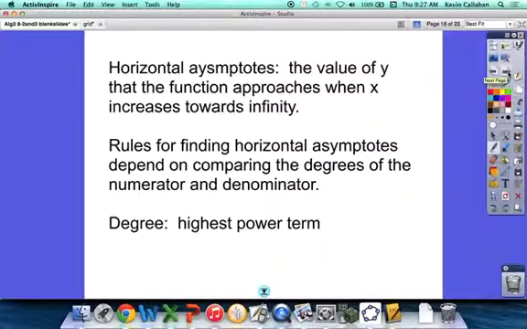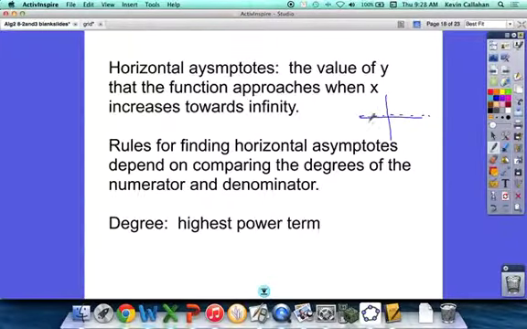Then we've got to deal with a horizontal asymptote. A horizontal asymptote is not the same thing as a vertical asymptote. The horizontal asymptote is the value the function approaches when x becomes really large. It's kind of a different concept. Let's say you have a graph that has a horizontal asymptote on the x-axis.